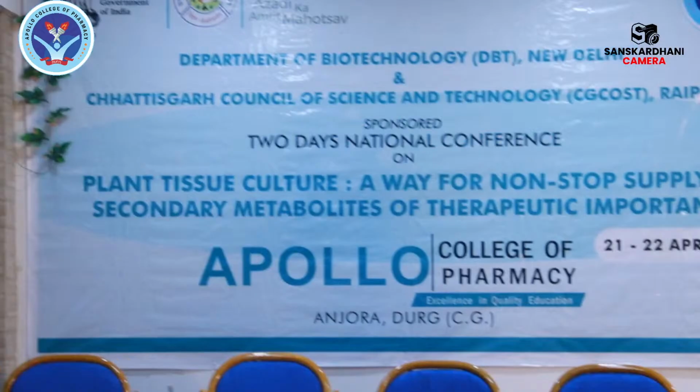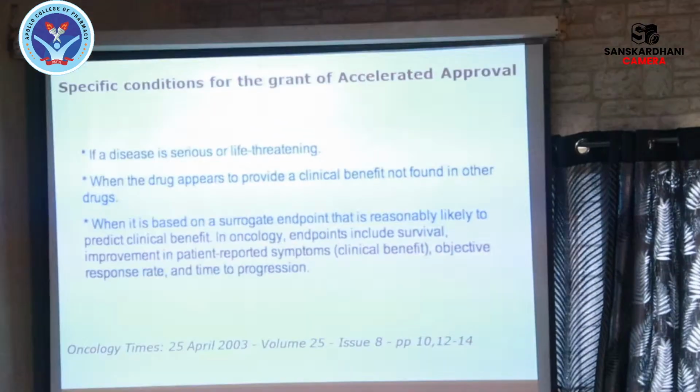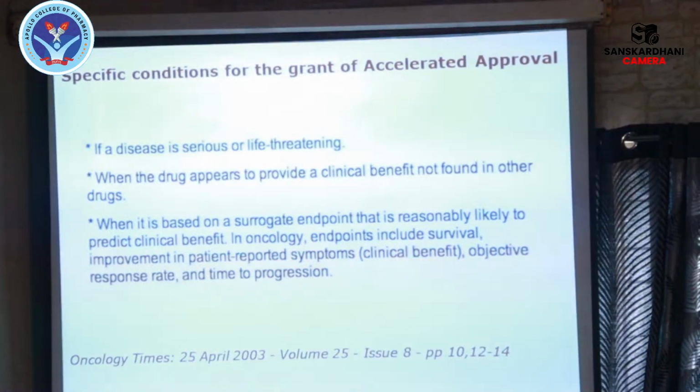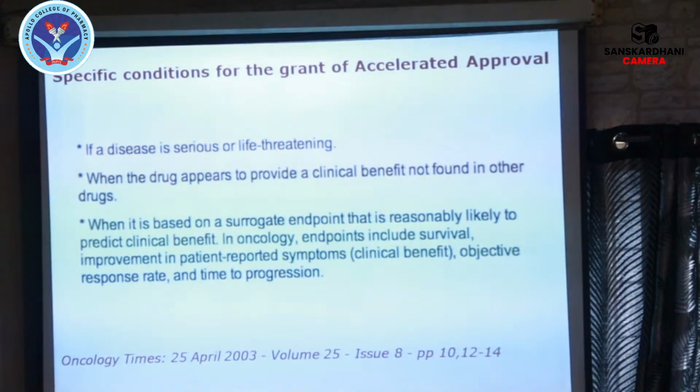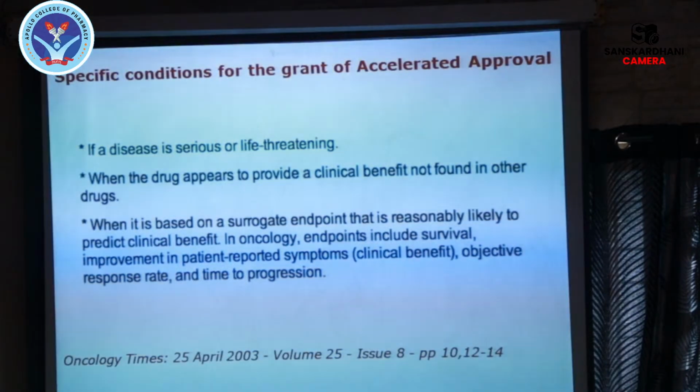Okay, after giving the drug, you can see that the cancer tissue is regressing. So that can be a surrogate endpoint instead of the usual endpoint, which is the survival time, which may be 2 years, 5 years, or 10 years. Okay. So this is a better endpoint because you can do it very fast. So these are the three conditions under which you get accelerated approval. Okay.